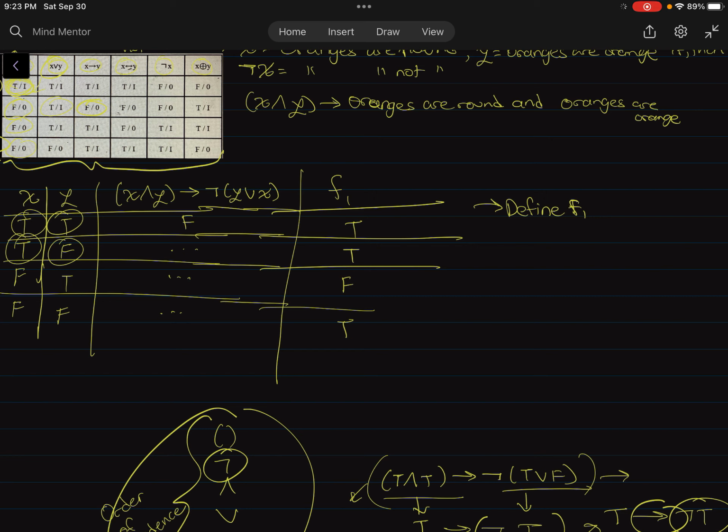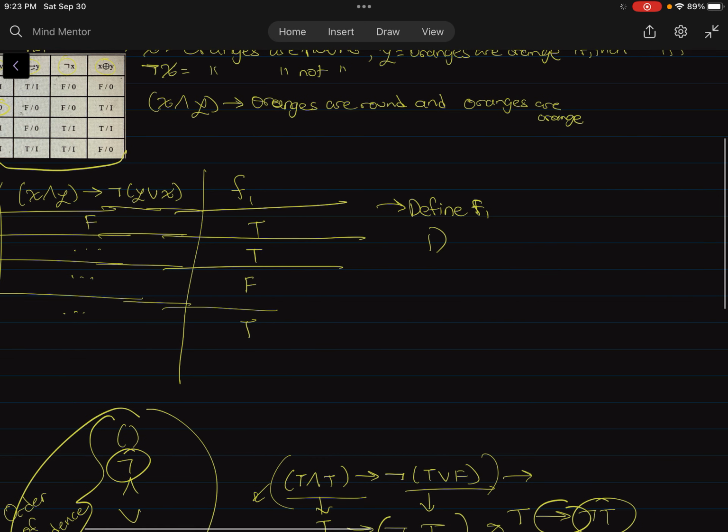So using this method, step 1 of this method is to find all the instances where f evaluates to true.